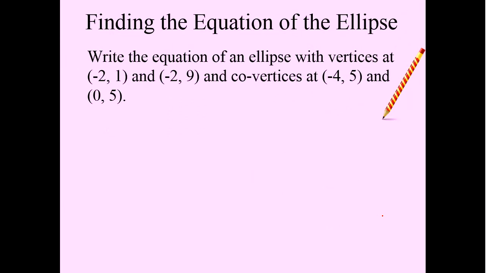Now, what if I want to find the equation of an ellipse that has a center that's not at 0, 0? So I have this ellipse here, and it has vertices at negative 2, 1 and negative 2, 9. And then I have some co-vertices at negative 4, 5 and 0, 5. So let's just draw this out in our mind here. I got negative 2, 1 and negative 2, 9.